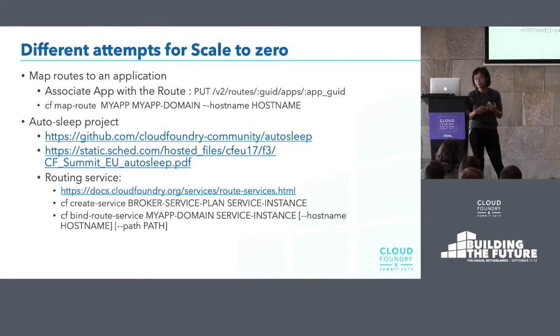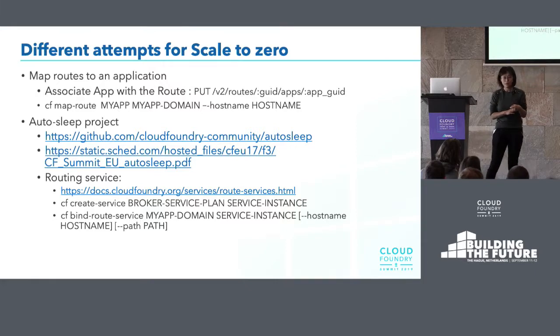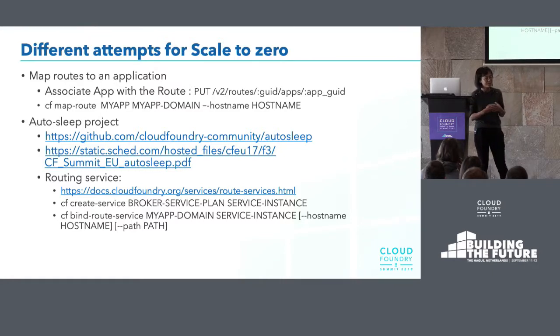There is another project named AutoSleep. AutoSleep is an open source project as well. It leverages the routing service capability to achieve this. If you run with the AutoSleep project, you need to create a service instance for that, and then you can bind the routes to the service instance.